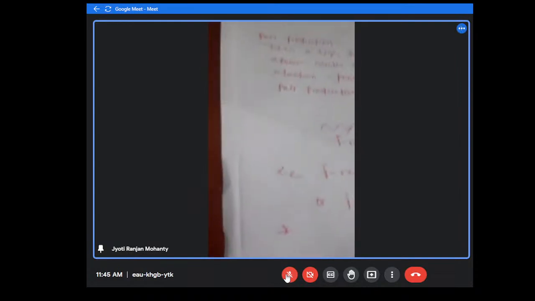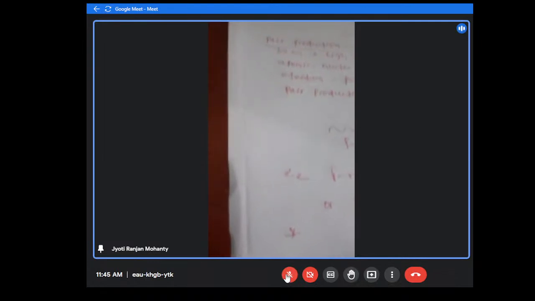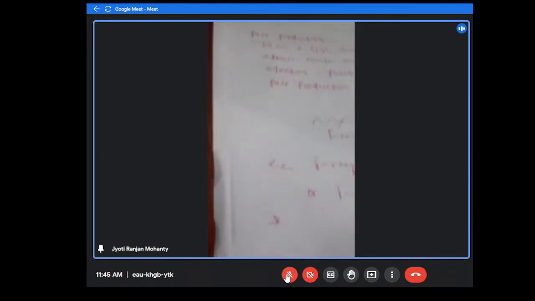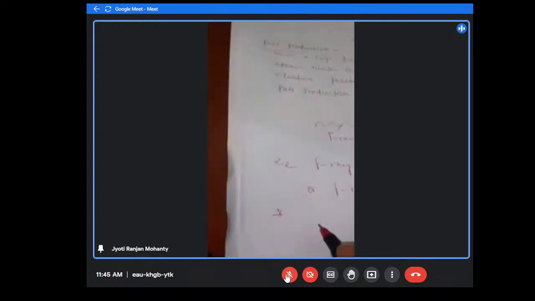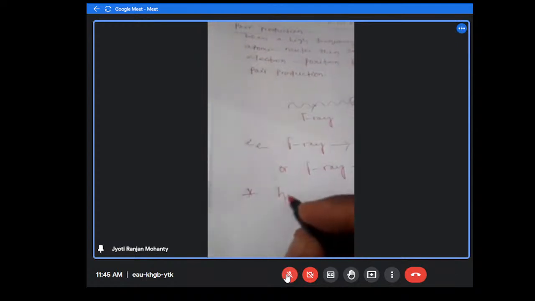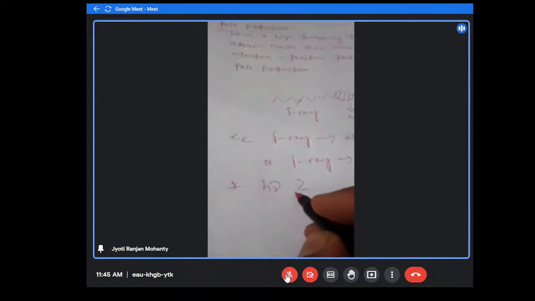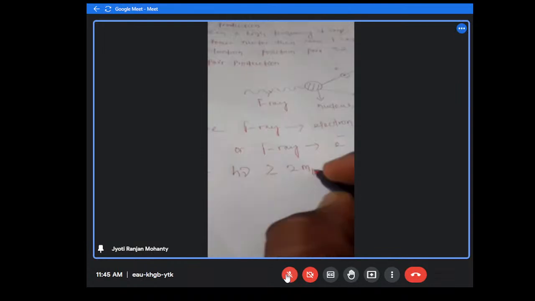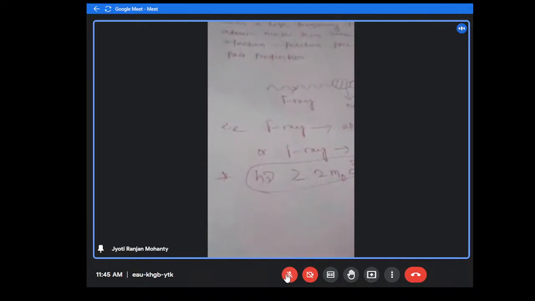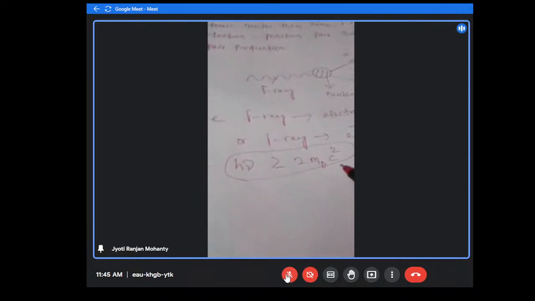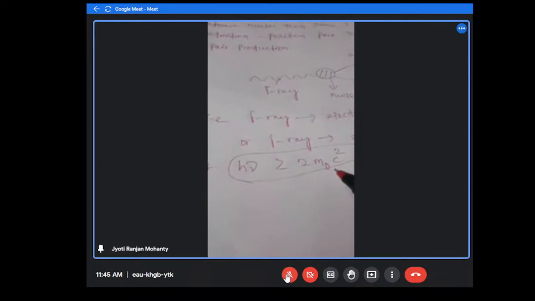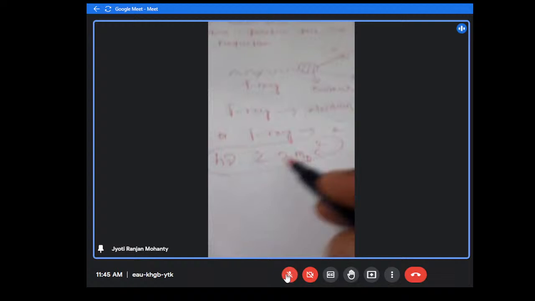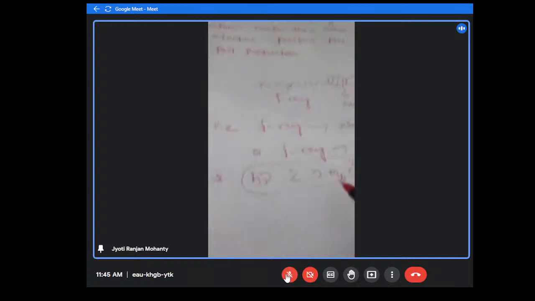Next point: the suitable condition for this process is h nu greater than or equal to 2 m0 c square. That means for pair production to take place, h nu must be greater than or equal to twice m0 c square.